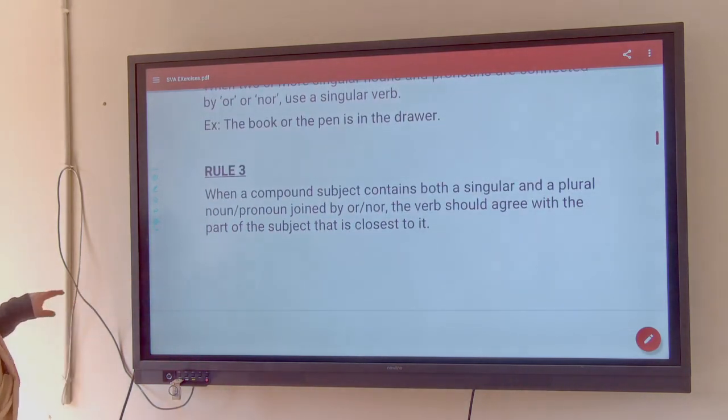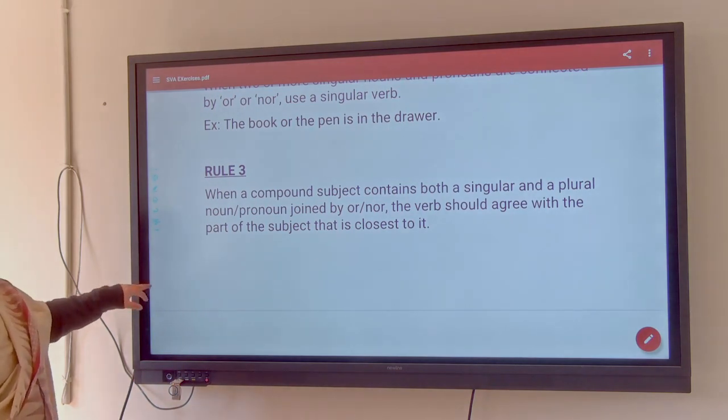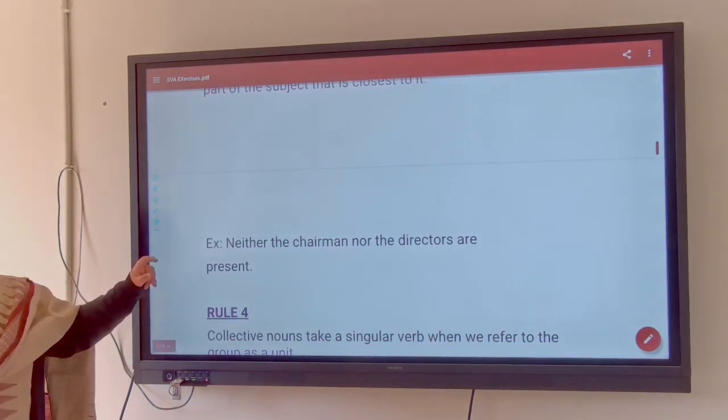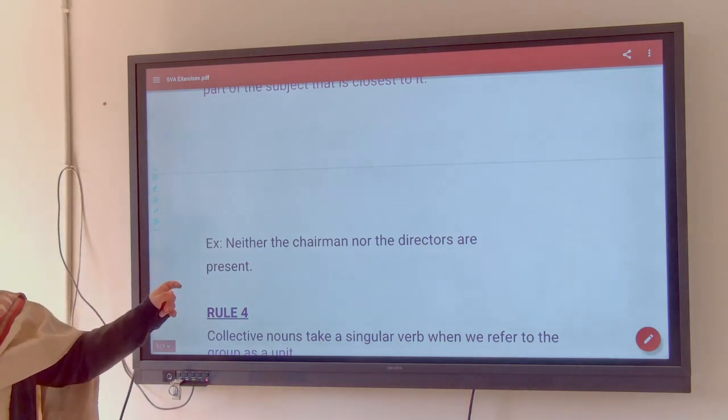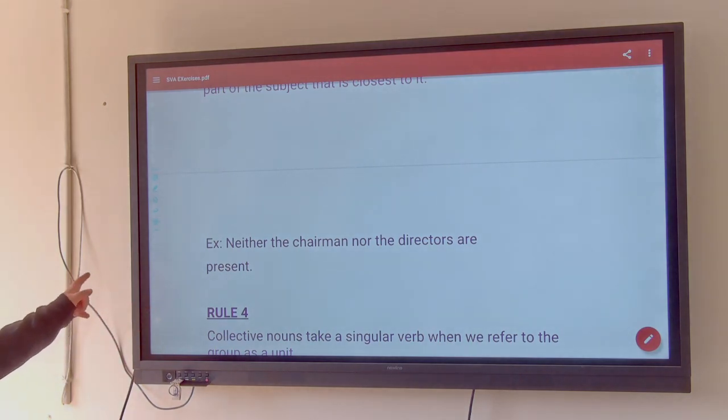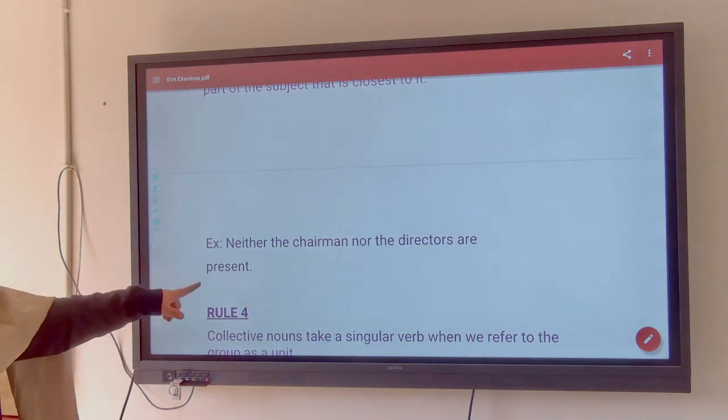When a compound subject contains both a singular and a plural noun, we need to ensure that whichever subject is closest to the verb decides the verb. Example, neither the chairman nor the directors. There are 2 subjects here, chairman and directors.